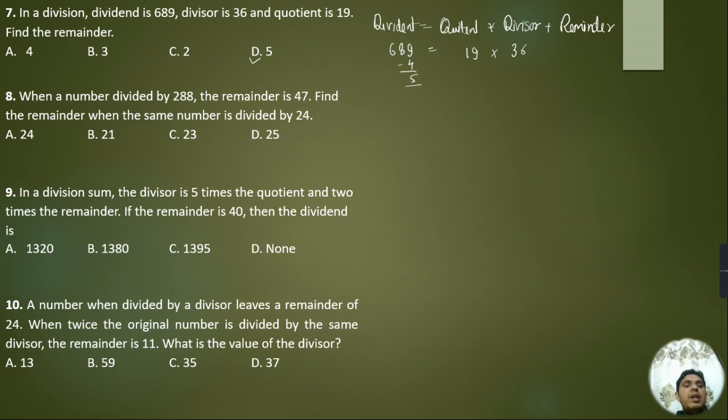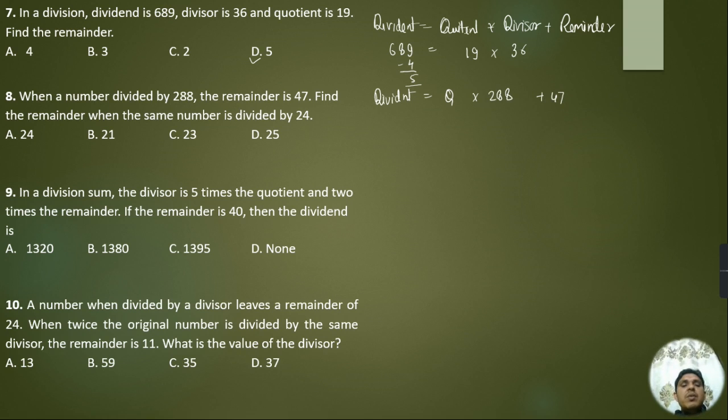Okay. Question number 8. The question is, when a number is divided by 288, the remainder is 47. Find the remainder when the same number is divided by 24. So some dividend, divided by 288, gives some quotient, here the divisor is 288 and the remainder is 47, so we can write 47 here.